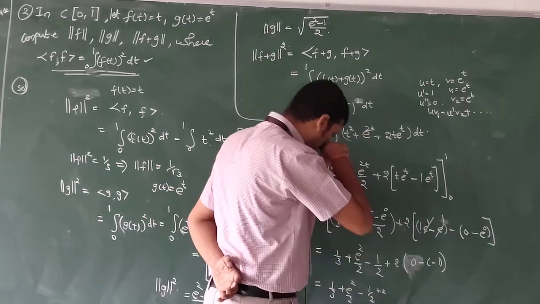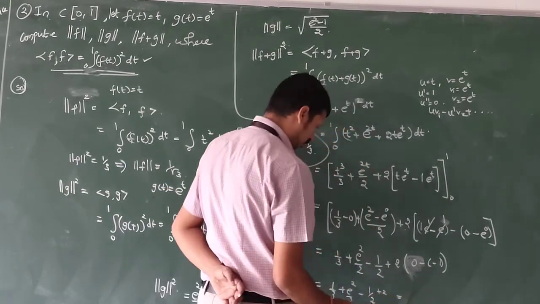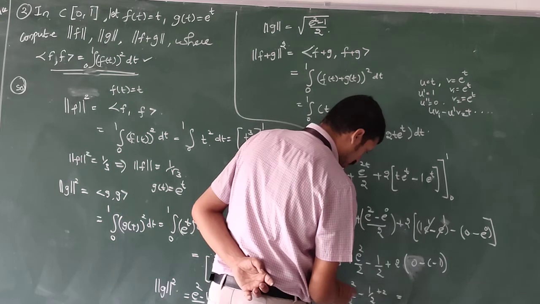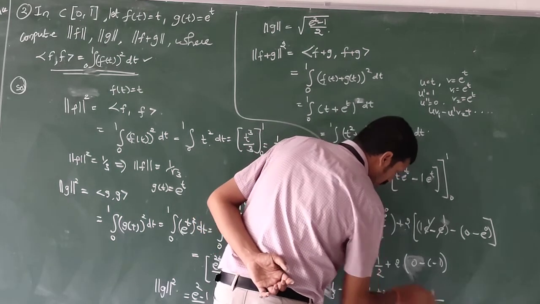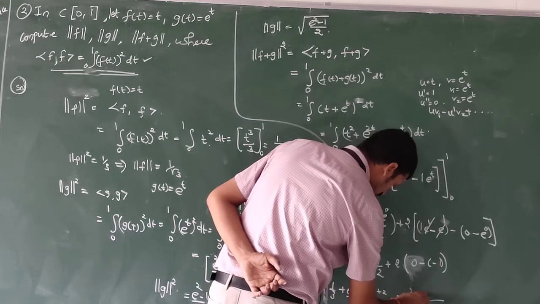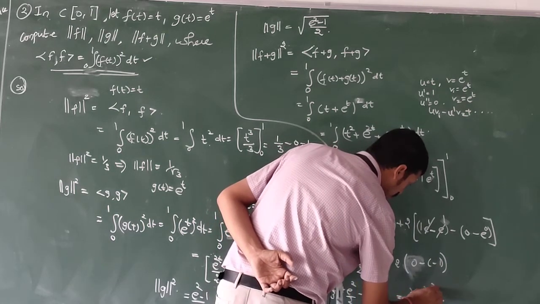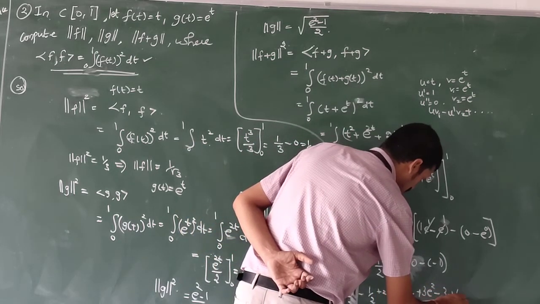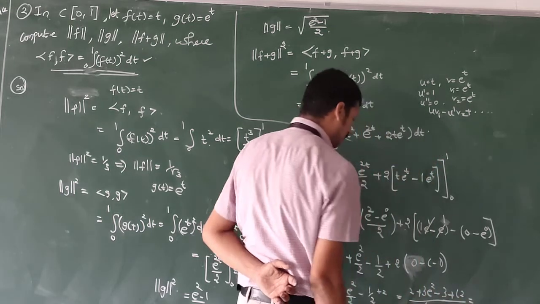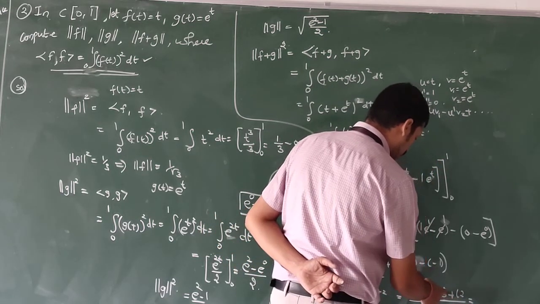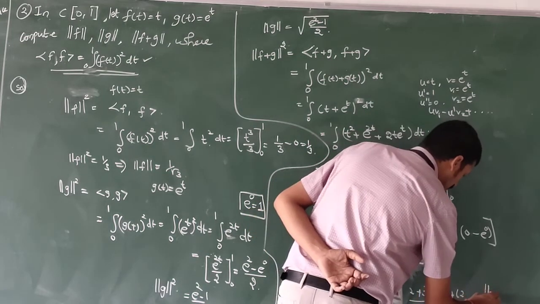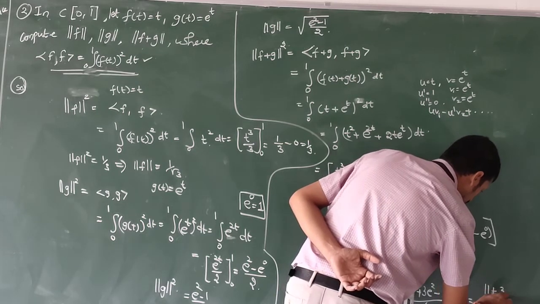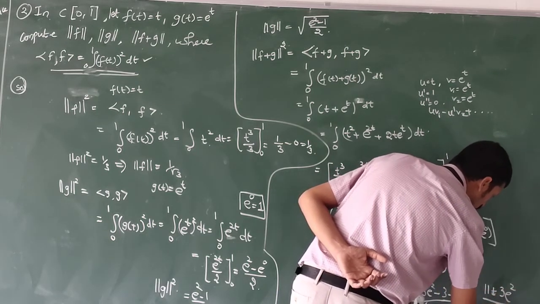So, if you calculate this one, you will be getting it divided by 6. If we divide by 6, what will I get is 2 plus 3 e power 2 minus 3 plus 12. So, totally you will be getting 2 plus 12, 14 minus 3 is 11. 11 plus 3 e power 2 by 6, this is your answer.